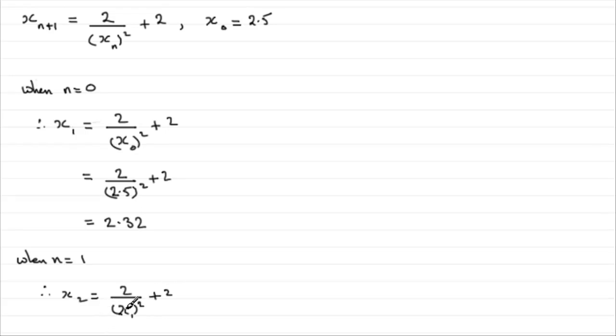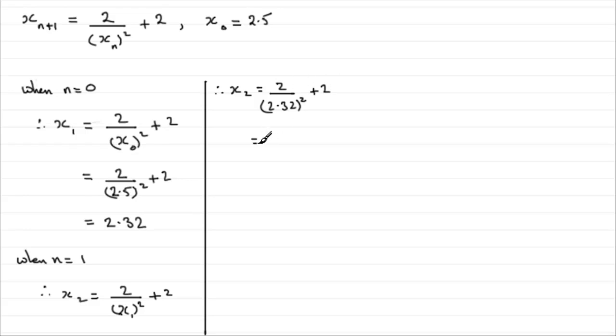So if you stick your value of x1 into this, you'll find that x2 is 2 divided by 2.32 squared plus 2. And again, if you work that out on your calculator, you should find you get 2.37158, and so on. Remember, it said where appropriate give your answers to 3 decimal places. Well, this is definitely appropriate, so 2.372 to 3 decimal places.